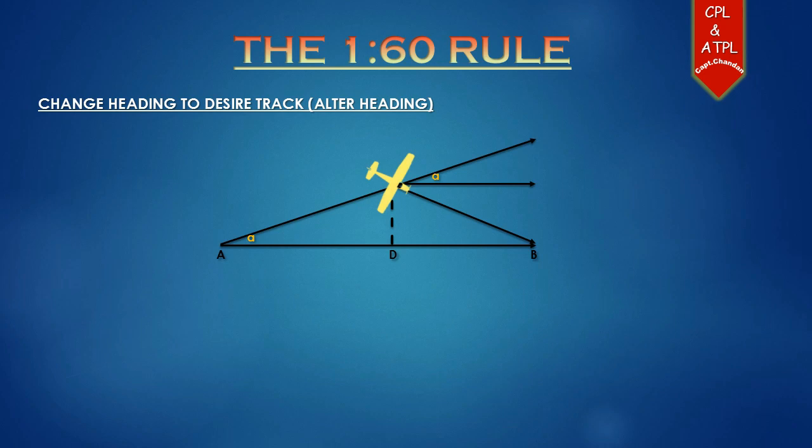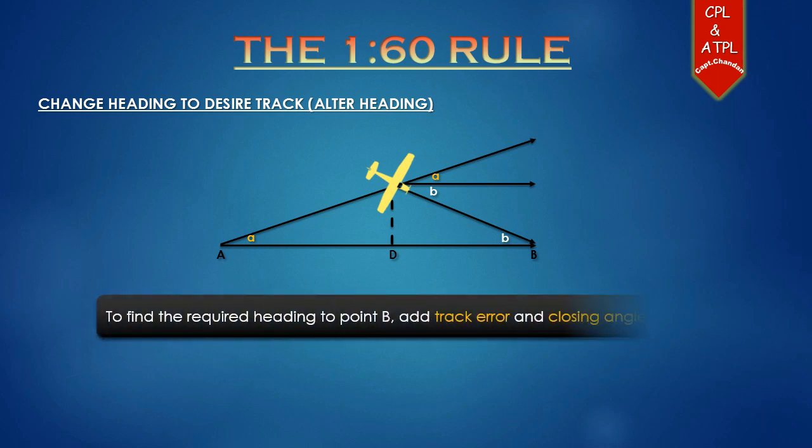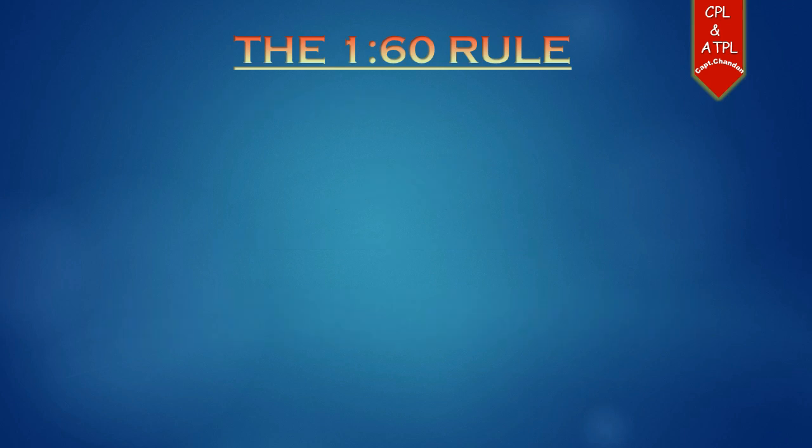Now turn your heading to point B. Again the same situation. Both angles are the same, that is a small b. As you see here, we turn heading 2 times to reach the destination. To find the required heading to point B, add track error and closing angle, that is a plus b.